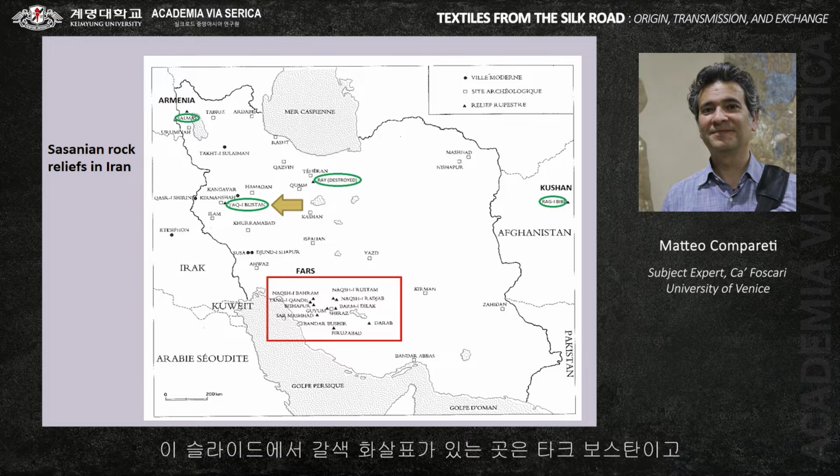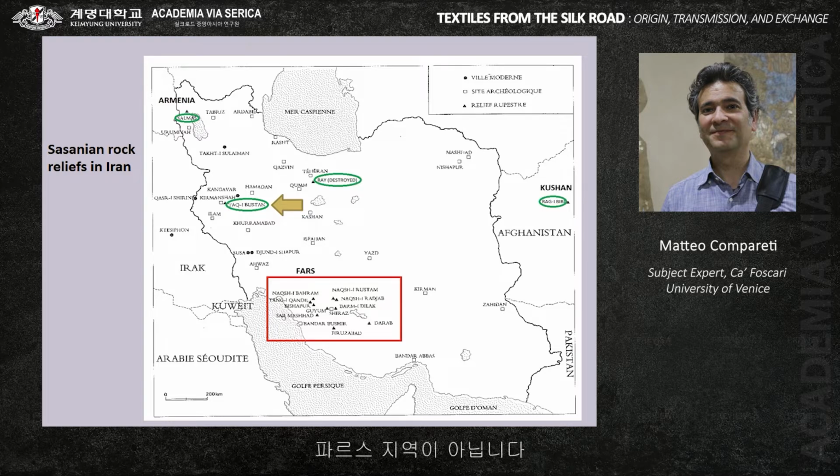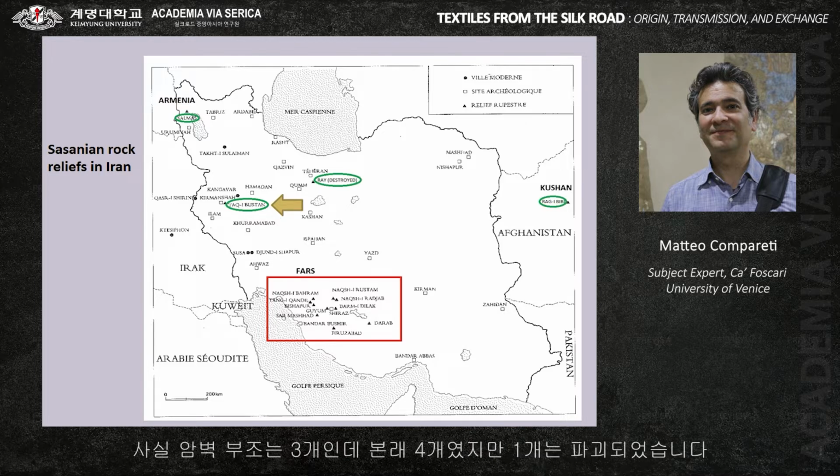As you can see in this slide, Takebustan, where the brown arrow is, is not in the region of Fars. Sasanian rock reliefs which are not concentrated in Fars are very few. Actually, we have 3. We had 4, but 1 was destroyed.